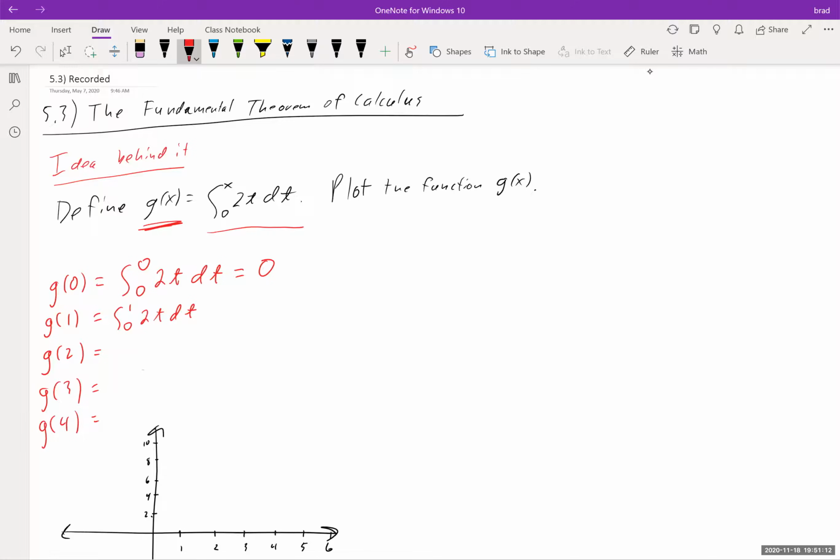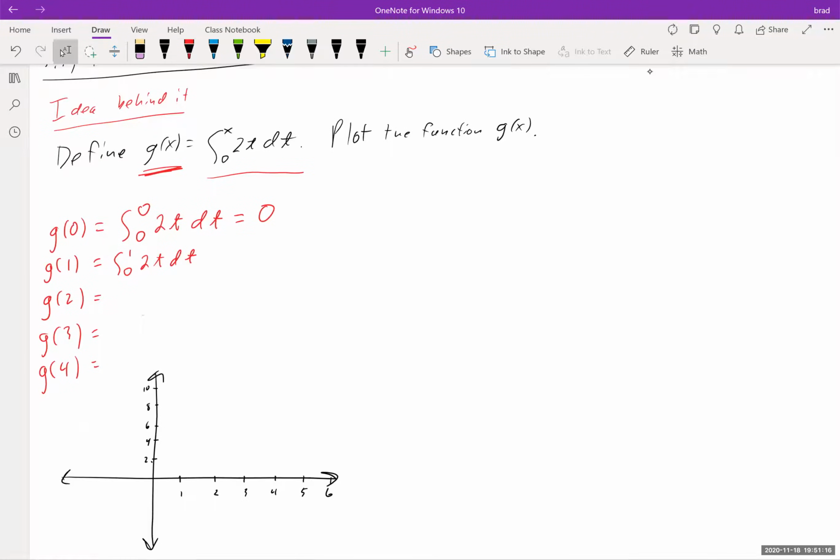So I'm going to graph this value here. We're going to go from 0 to 1, okay? And let's see here. I believe we should get 2. No, g of 1 should be 1. Let me just double check.